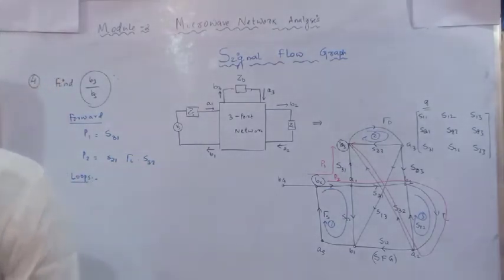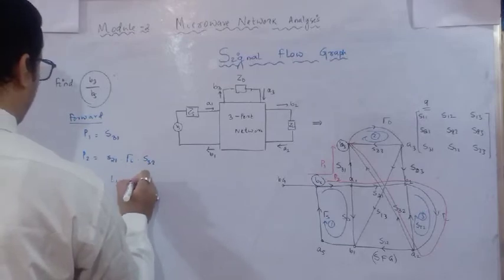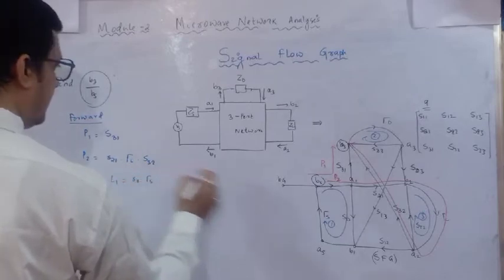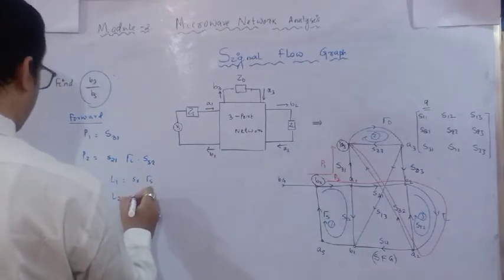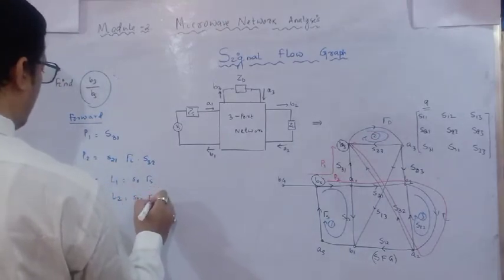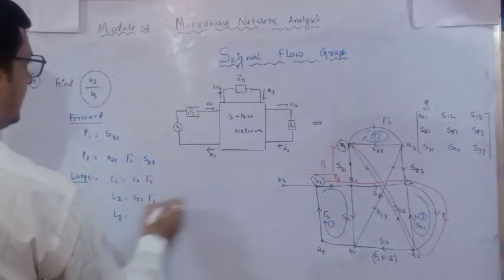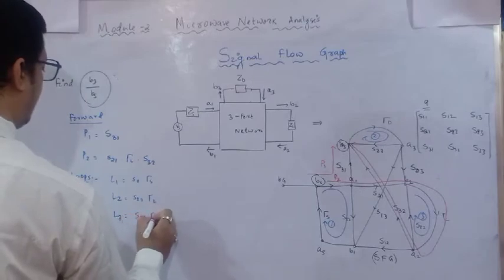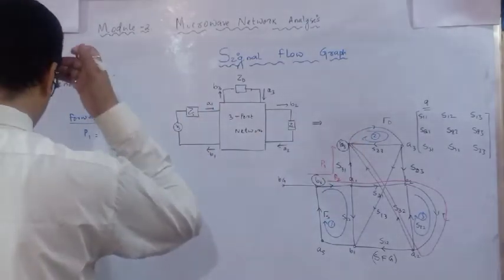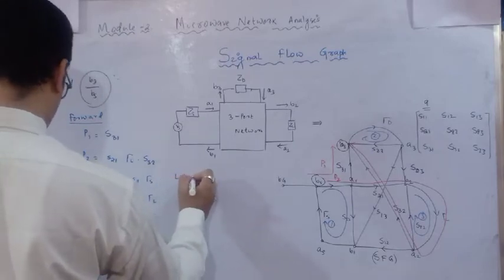So loop L1 equals S11 times reflection coefficient rho s. L2 is S22 times the reflection coefficient at the load. L3 is S33 times the reflection coefficient at this particular point, rho d. Then we have L4.